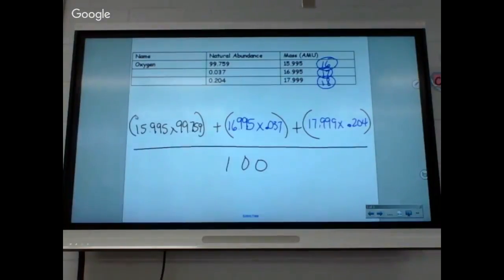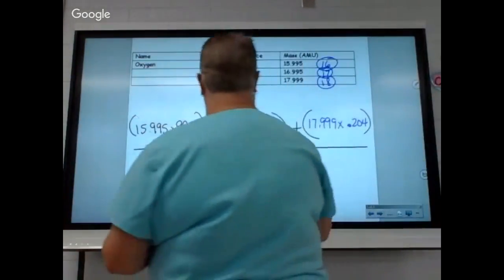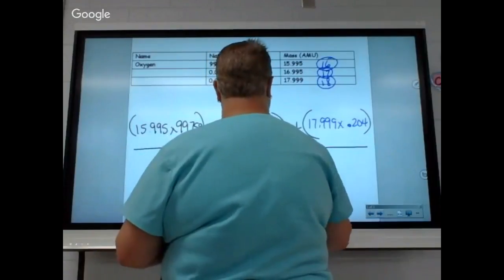Now, notice that the parentheses add together. So when you're doing this, what do you have to make sure you use in your calculator? You got to use your parentheses keys. Let me check because it's a lot of numbers to punch in, so I might have gotten it wrong.